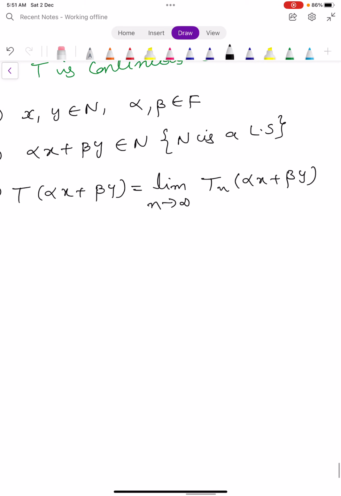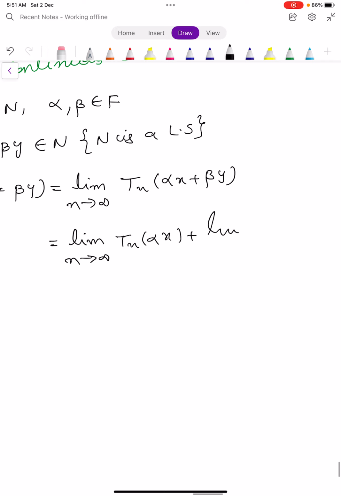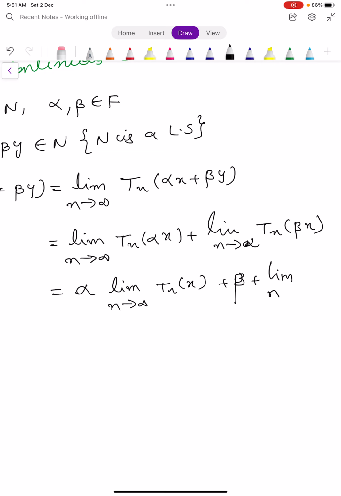It can be written as limit n tends to infinity Tn of alpha x plus limit n tends to infinity Tn of beta y. This can be written as alpha into limit n tends to infinity Tn of x plus beta into limit n tends to infinity Tn of y.